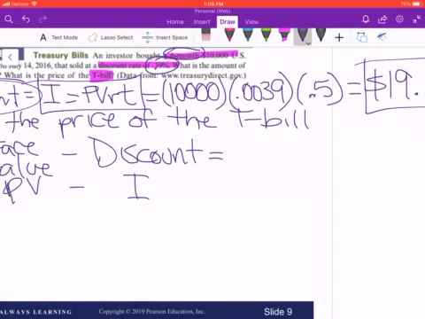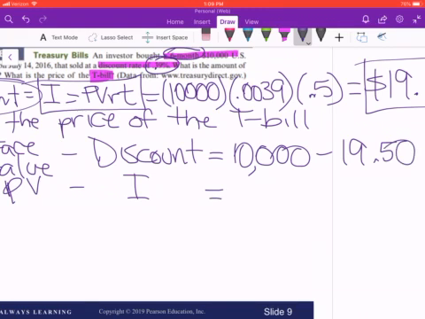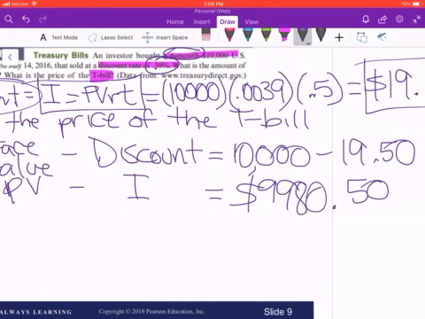So what we get from here will be the 10,000, the face value, present value, minus what we found on the previous step. And so with that, we will get $9,980.50 for the T-bill. So what it means is that what you will pay for a bond like that will not be 10,000. It would actually be 9,980.50.